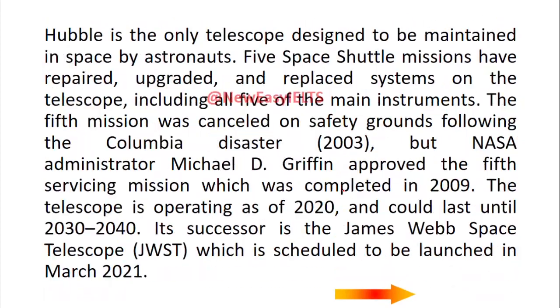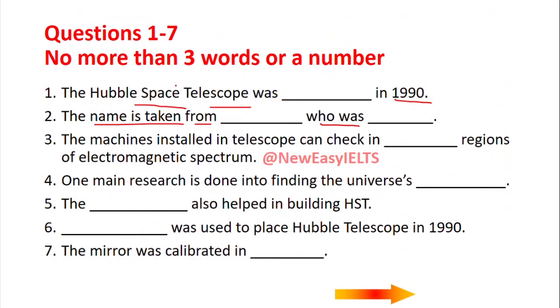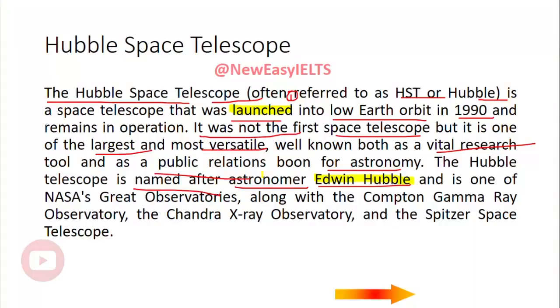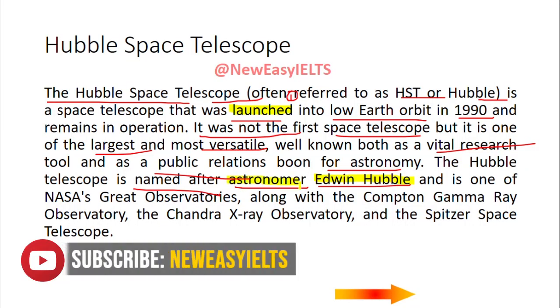So the name is taken from, means we have to put in the name, that is Edwin Hubble. So the second answer is Edwin Hubble. And after that, who was dash means their profession or something else, and he was an astronomer.